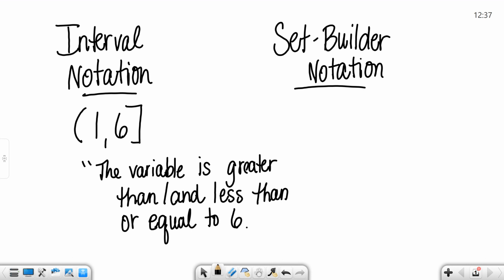All right, that's what parenthesis 1, comma 6 bracket means. The variable is greater than 1 and less than or equal to 6.